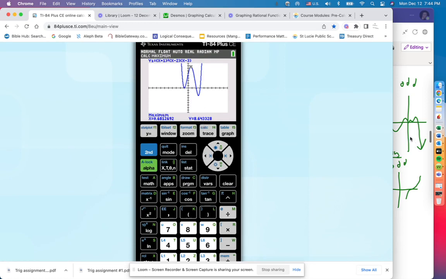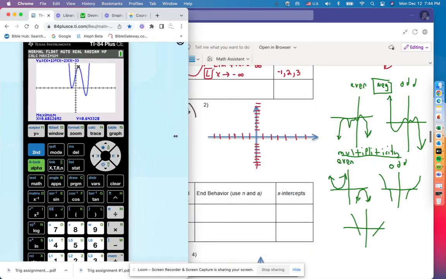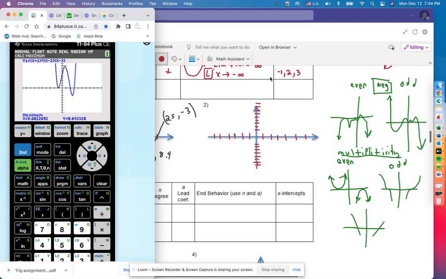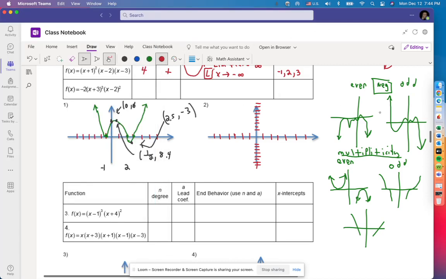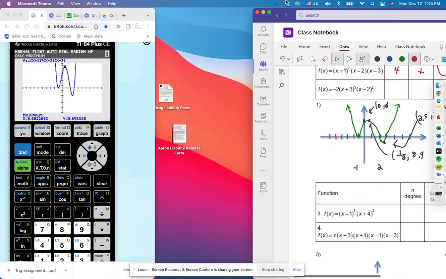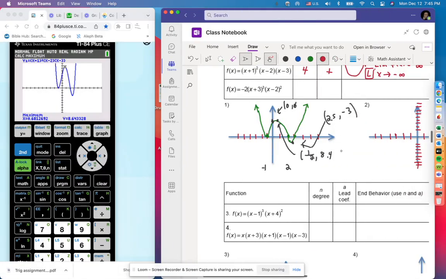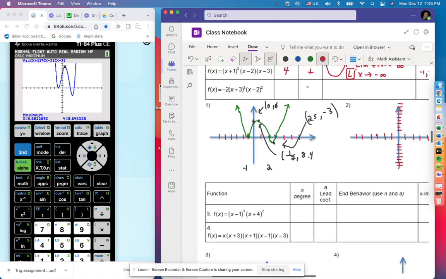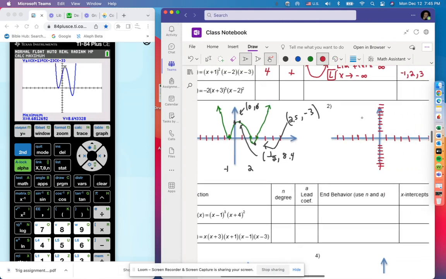Okay. Let's write that down. See if I can put these both in the same screen at the same time. We'll try. All right, there we go. Cool. All right, so let's write down 0.68.